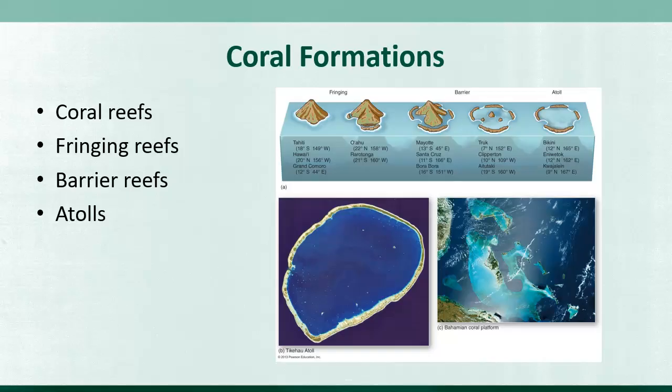Coral atolls are a special kind of tropical island that are formed by coral reef, and they are started when an island in a warm tropical ocean has coral reef growing around it, first as fringing reef, but because of the erosion of the mountain and changing sea levels over time, the mountain starts to go away, but the coral keeps on growing until eventually you get these very beautiful but also very low elevation ring-like islands that are called atolls. You go from coral to fringing reef to barrier reefs, ultimately to an atoll.